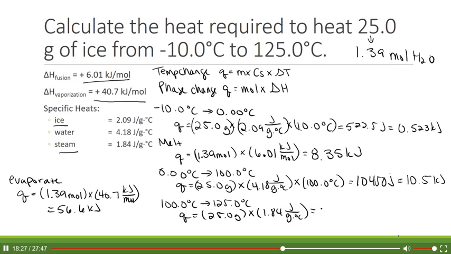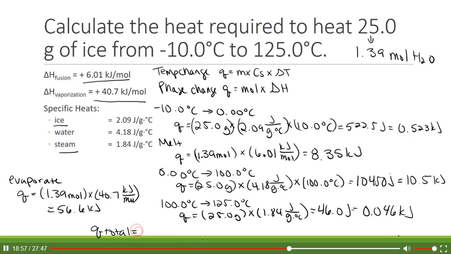Calculating that out, we get a value of 46.0 joules, which will be equal to 0.046 kilojoules. And then we are just going to sum all of these values together.